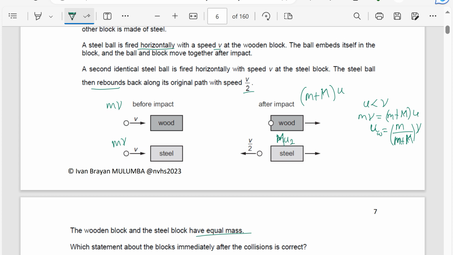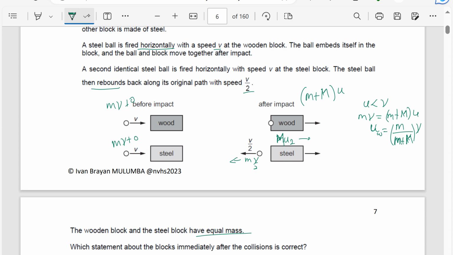We are using capital M for the mass of the steel block. Remember it was at rest, so its initial momentum is capital M times 0. For the ball, it is going to be small m, and its velocity is going to be v over 2, but in the opposite direction. So one must be positive, another must be negative.